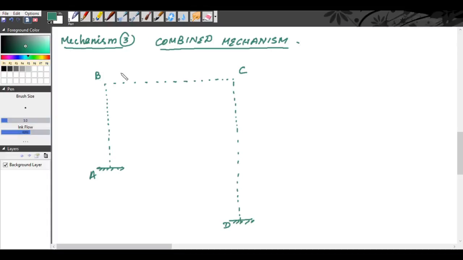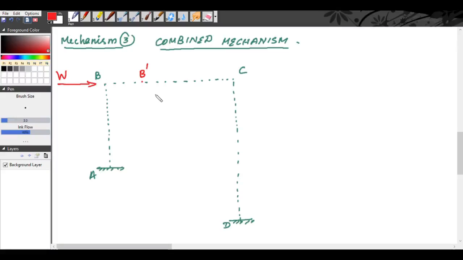First of all, for sway, when there is a sway, this B gets shifted to B dash, but there will not be any hinge formation, because there is a concentrated load of W0 acting at B. So the sway will be towards the right.